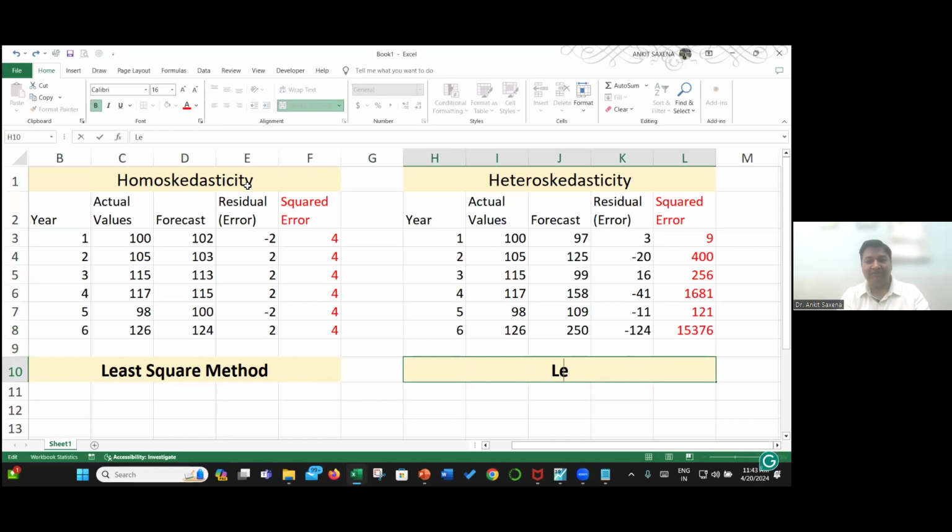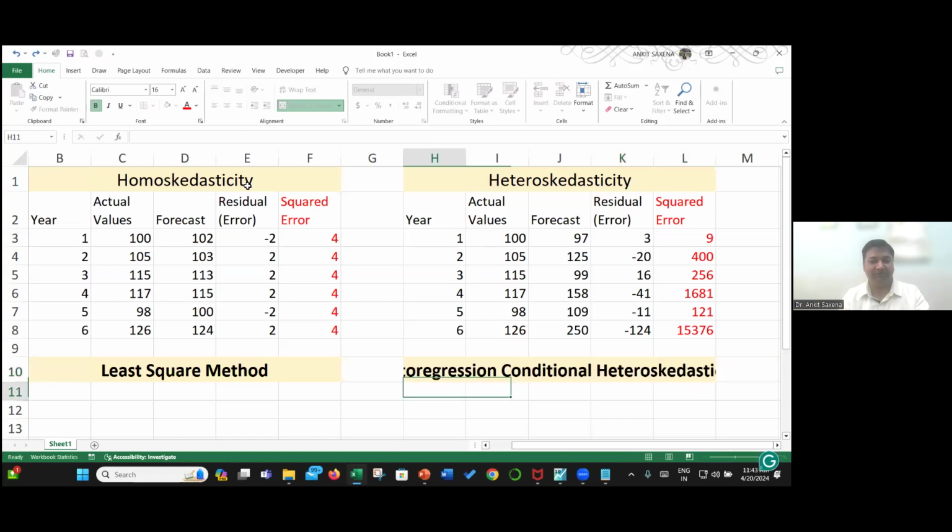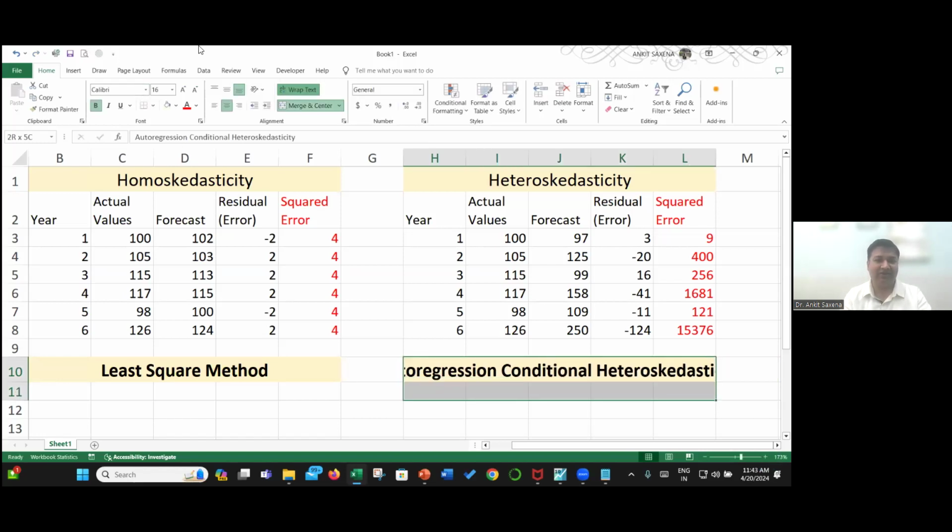You have to refer to other advanced models like ARCH or GARCH or something like that. We normally go with autoregressive conditional heteroscedasticity, which is called ARCH. So you will be using a different kind of model, which will be needed there. This is the point to remember. I hope this brings a basic understanding of the term.